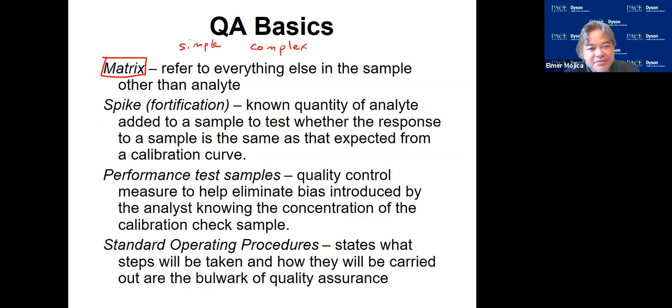Maybe your water. Okay? Because the water that you have usually contains what? Ions that you get from the pipes or the piping system. Now, if you have even a much better, let's say, distilled water, we could say that's the simplest matrix that you can have. But the matrix becomes more complicated if it is exposed to the environment.